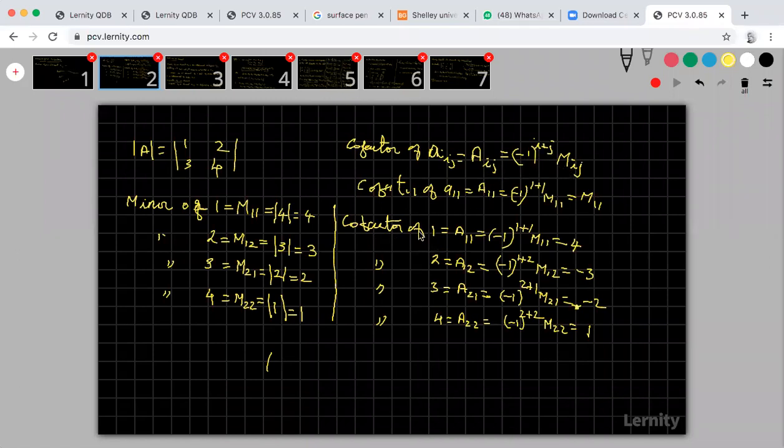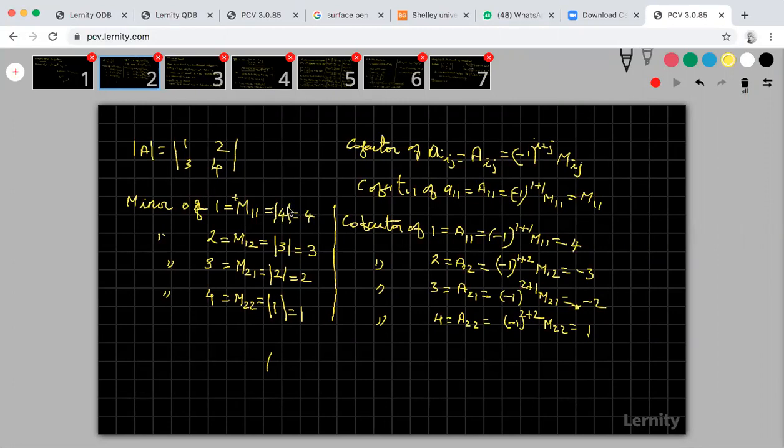Look at the cofactor of 1, the first element: A11 is equal to minus 1 the whole power 1 plus 1 times M11, where M11 is the minor. This minor is multiplied by minus 1 to the power 1 plus 1, which is 2. So the answer is simple: 1 plus 1 is 2, an even number, so multiply the minor value by plus and you will get the cofactor.